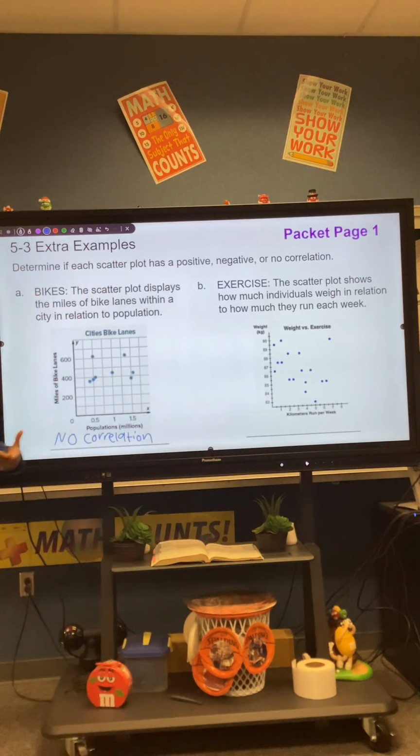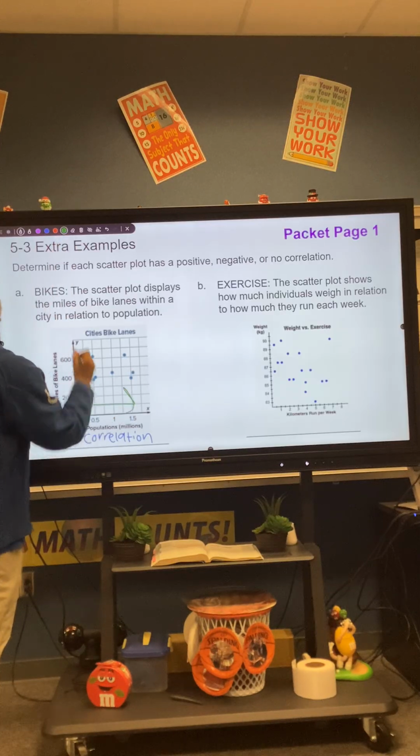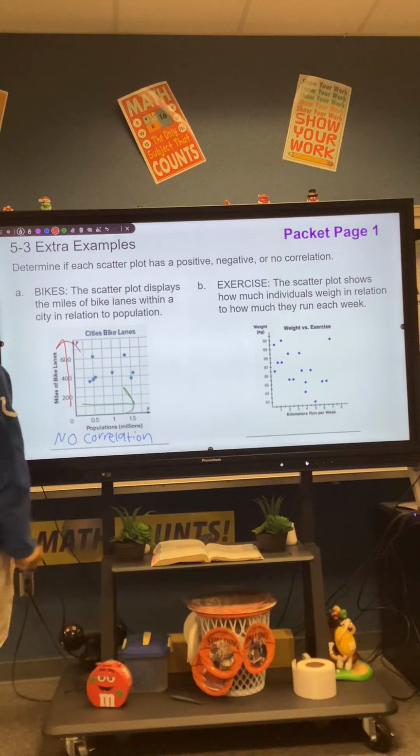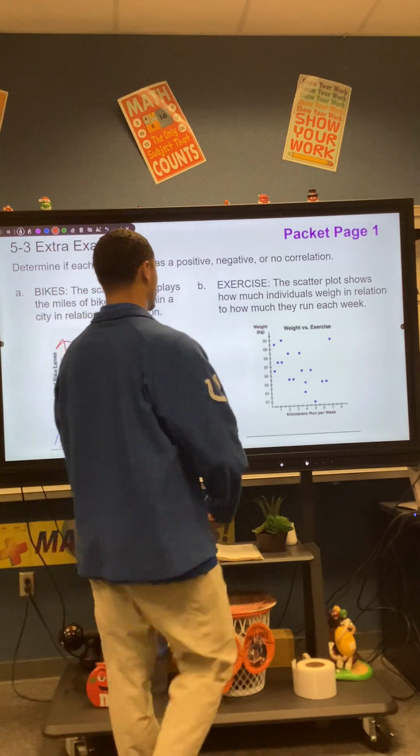In math terms, my X and my Y seem to be unrelated. As my X value increases, my Y is just kind of doing its own thing. They're not related. So since they're not related, no correlation.